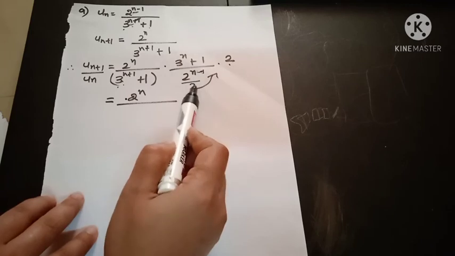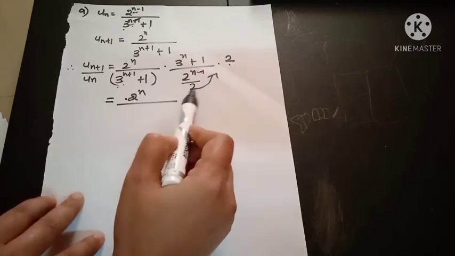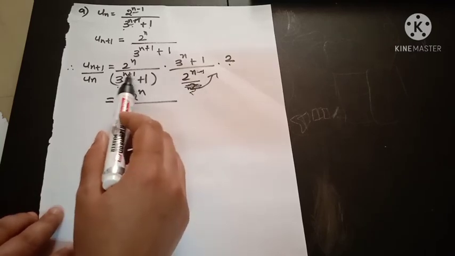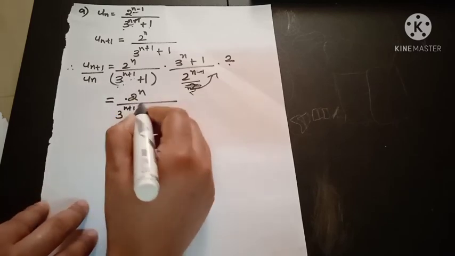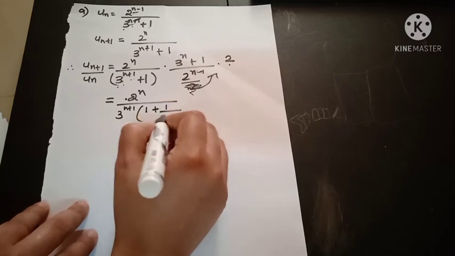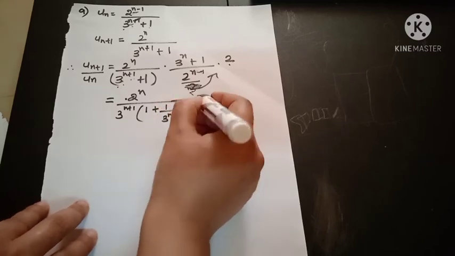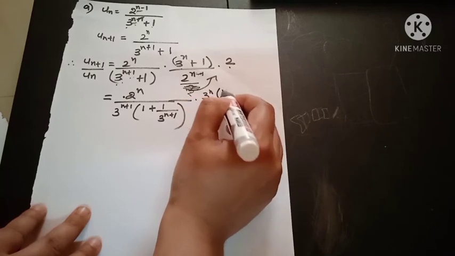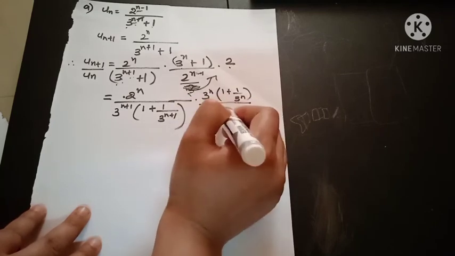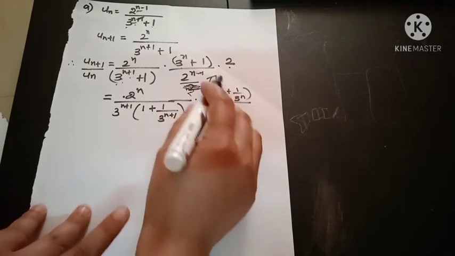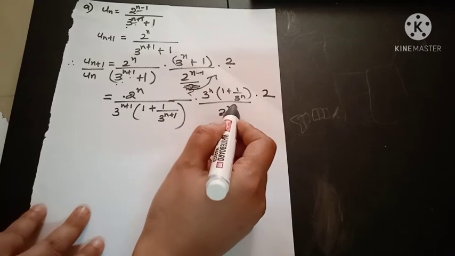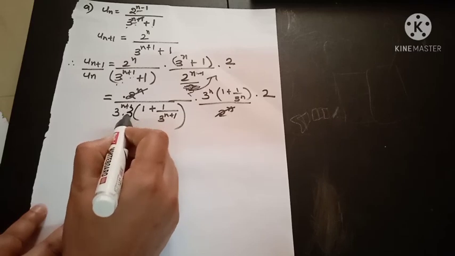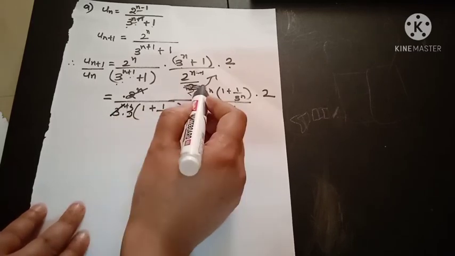Taking 2 to the power of n and 3 to the power of n plus 1 outside, the remaining is 1 plus 1 upon 3 to the power of n plus 1, into 3 to the power of n times 1 plus 1 upon 3 to the power of n, divided by 2 to the power of n, into 2. 2 to the power of n cancels, and writing 3 to the power of n plus 1 as 3 to the power of n into 3, 3 to the power of n also cancels.